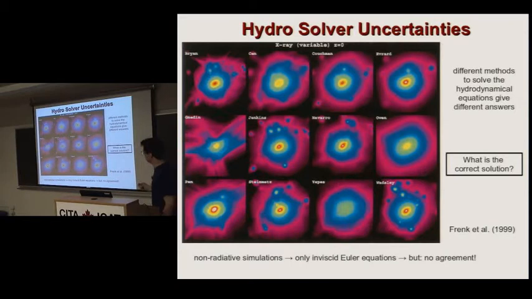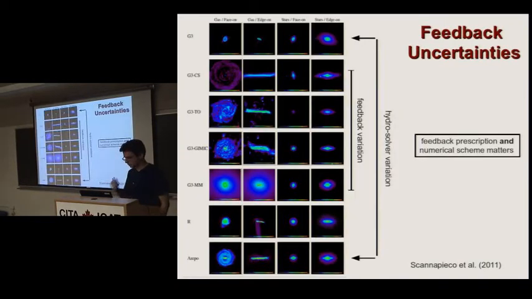And unfortunately, except for simple test problems, it's not easy to tell which result is correct here. More recently, this week, there was a paper by Cecilia Scannapieco, Markus Wadepuhl, and many other people who did a similar code comparison. This time not only making non-radiative calculations, but also turning on all kinds of feedback effects.